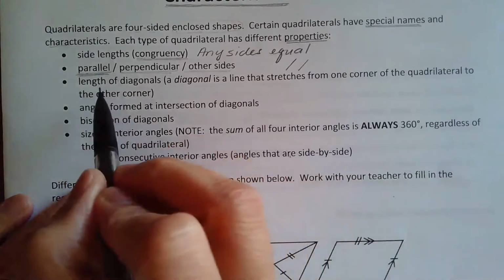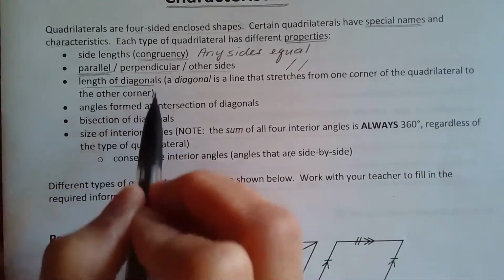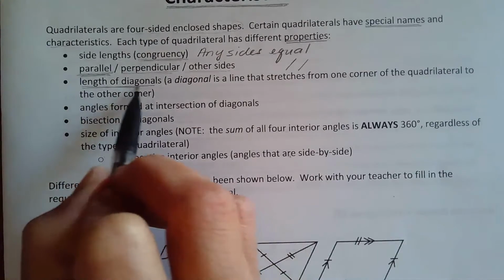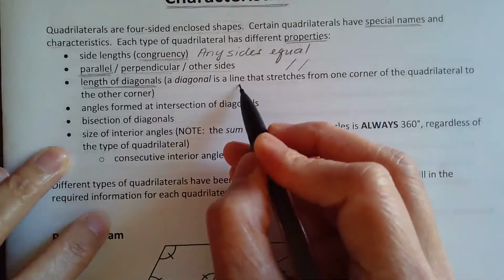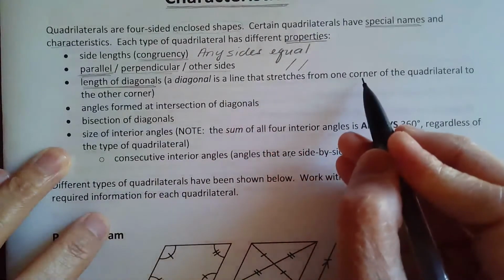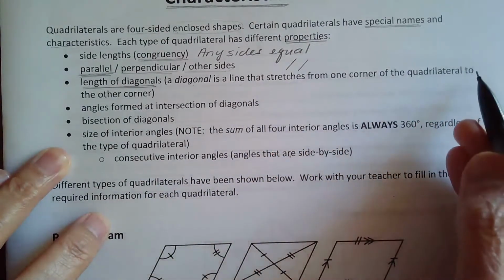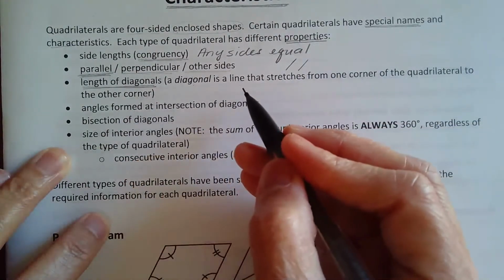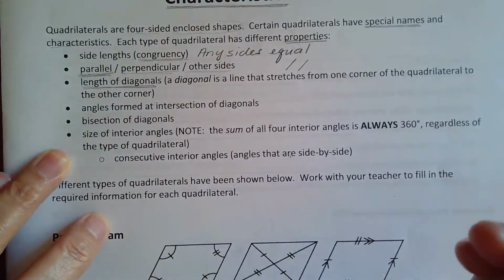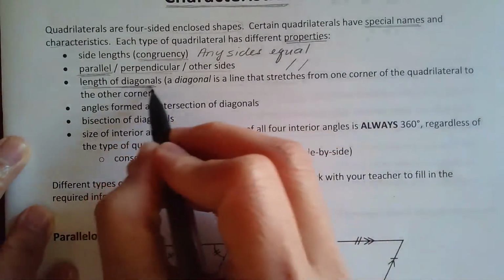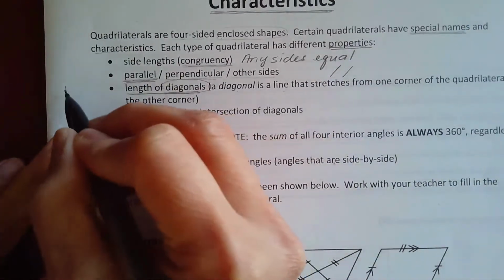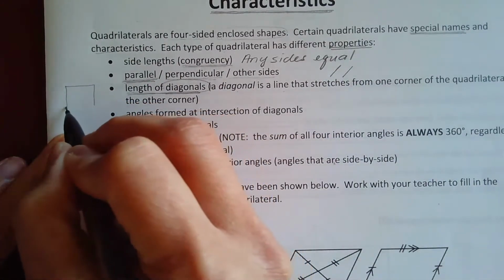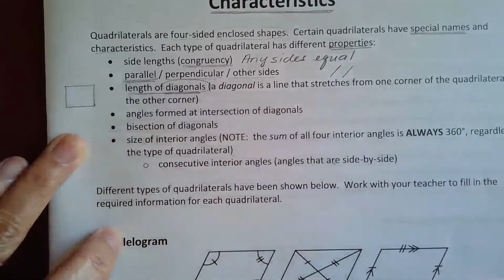So the next one is length of diagonal. What is a diagonal? A diagonal is a line that stretches from one corner of the quadrilateral to the other corner. So, an example of a diagonal, I'll do it here. This is some kind of four-sided figure.